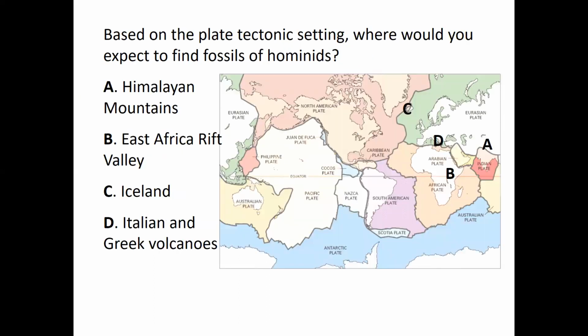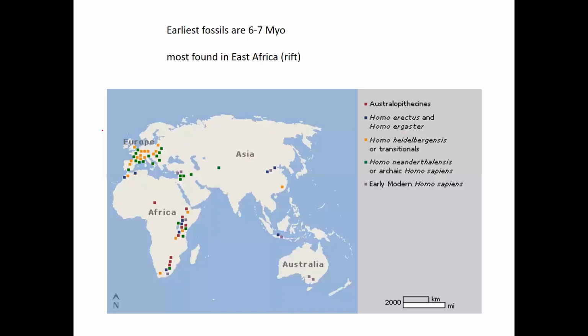So based on the plate tectonic setting, where would you expect to find fossils of hominids? A, the Himalaya Mountains, B, the East African Rift Valley, C, Iceland, or D, Italian and Greek volcanoes? Well, as we just mentioned, the Rift Valleys, the East African Rift Valley, B. And so the earliest fossils date back to 6 to 7 million years ago, and most of them are found in East Africa in the Rift Valley.